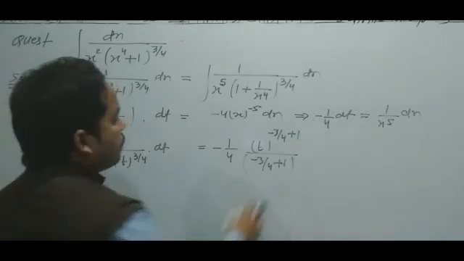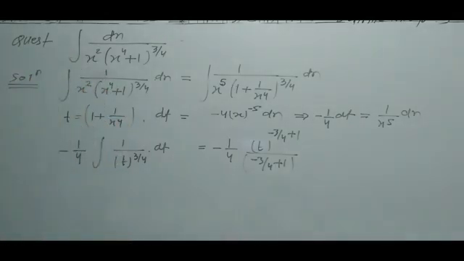So 1 by 4 and 1 by 4 will cancel. So minus 1 by 4 plus 1 by 4, and the minus 1 by 4 is here. So what will be the result?